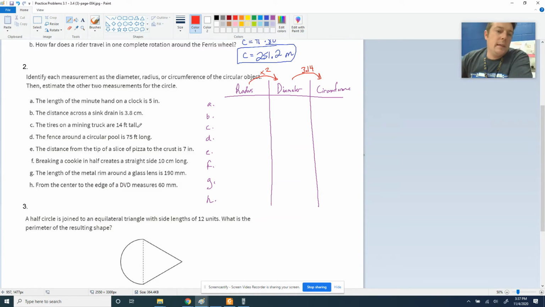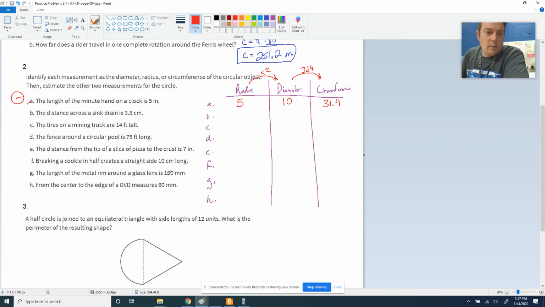So the length of the minute hand on a clock. Okay, so if you imagine a clock over here, the length of the minute hand would be another way to talk about the radius. So the radius is 5, which times 2 makes the diameter 10, and times 3.14, 31.4. See how easy that was for the first one?